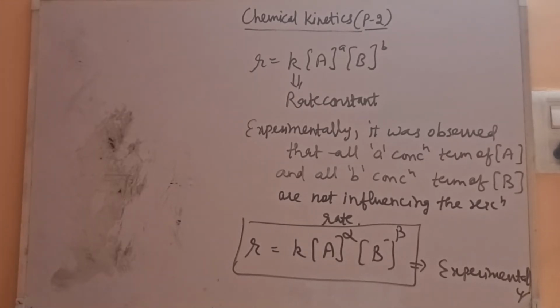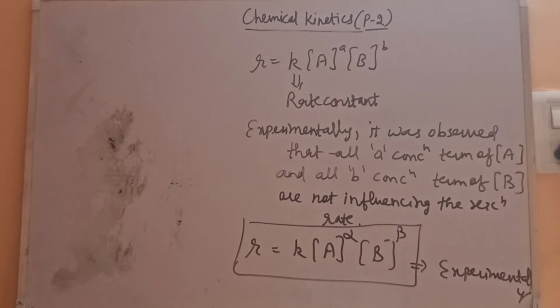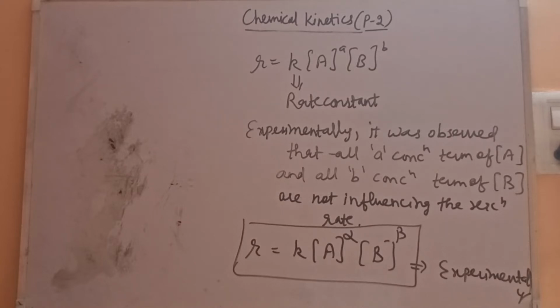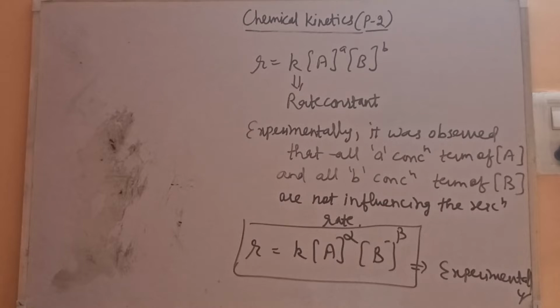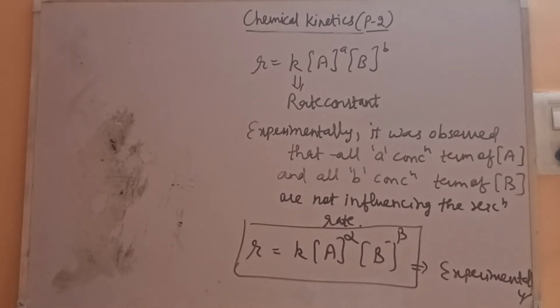Okay, so let's suppose these are alpha and beta. So now there is a difference between the two. Fine. When we have written the stoichiometric coefficient, we are saying they are not influencing the reaction rate, but the other coefficients are there, they are influencing the reaction rate. So let those coefficients be alpha and beta.